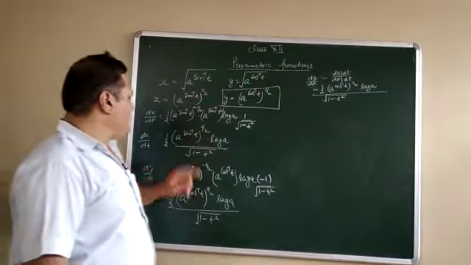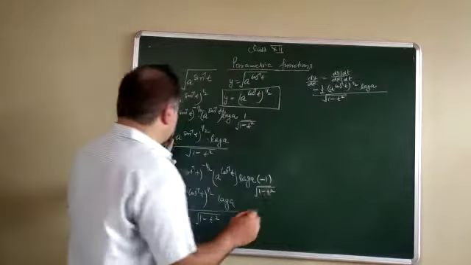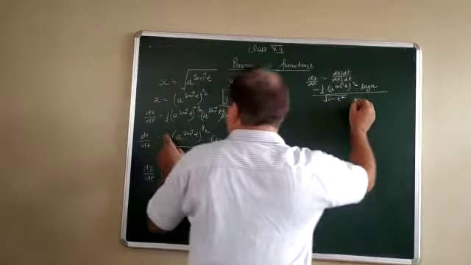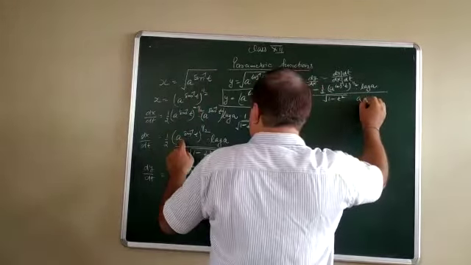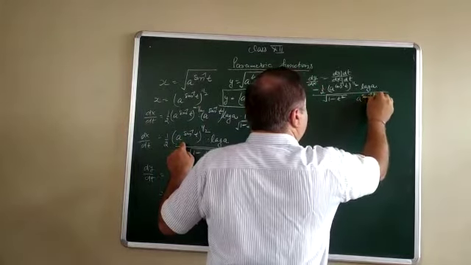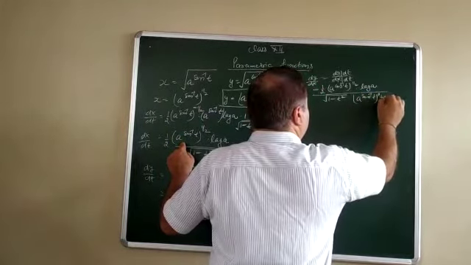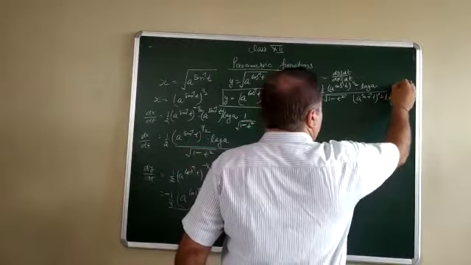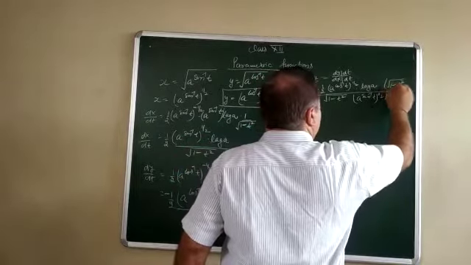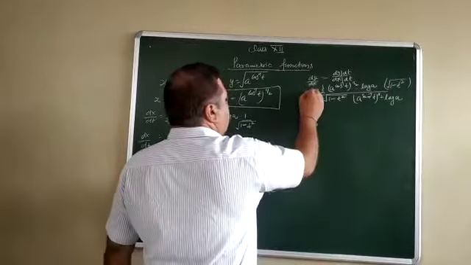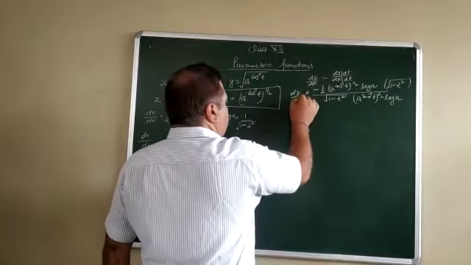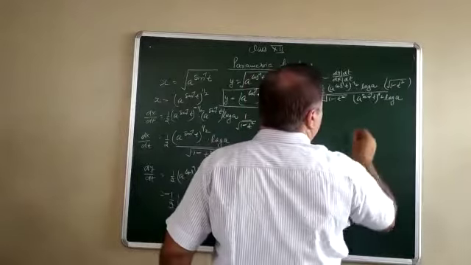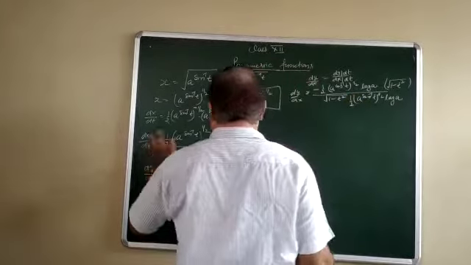Divide by dx/dt, which means this term goes in the denominator: (a^sin⁻¹t) power 1/2 log a upon the square root of 1 minus t square. See, this is called dy/dx, along with the 1/2.